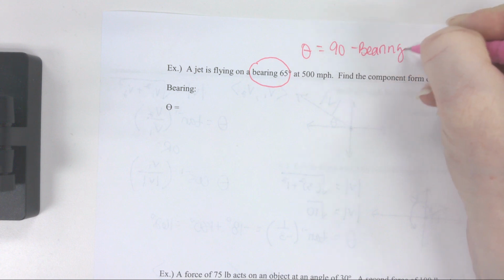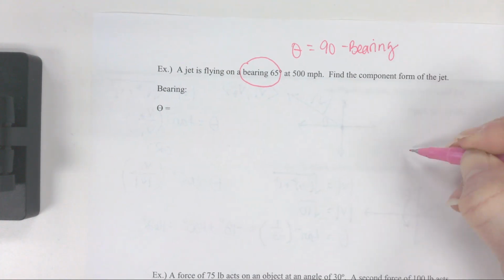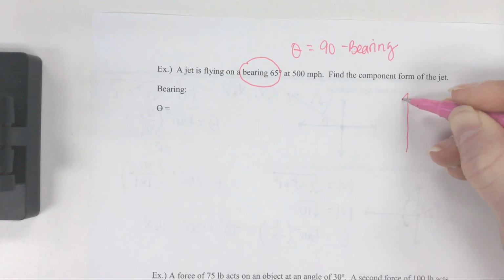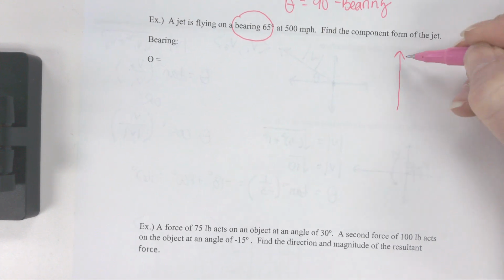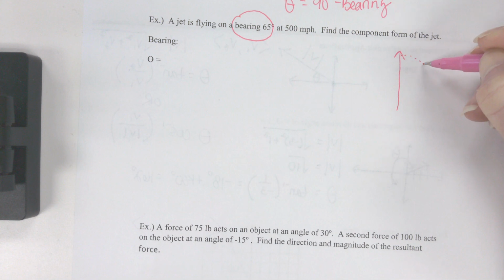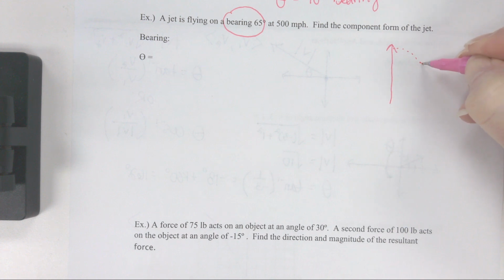Or if you're a common sense type of person, you can just draw it and figure it out. So if you like a formula, that's your formula. So if I have a jet, compass readings are from the north. A bearing is 65 degrees from the north. So it drops 65, that's clockwise from the north. So it would be like right there.